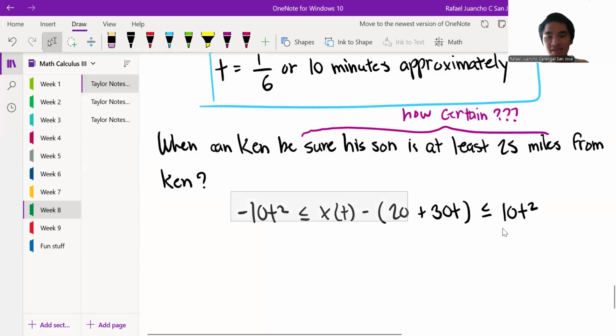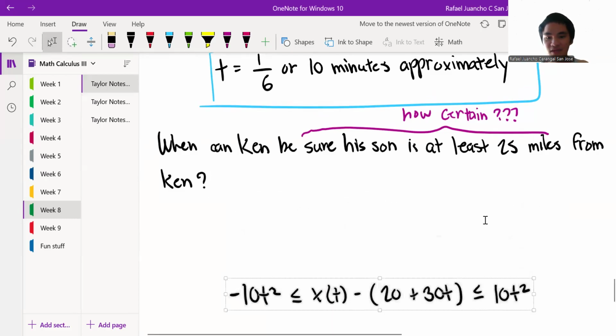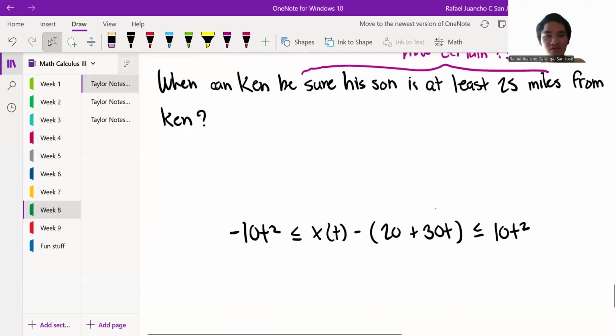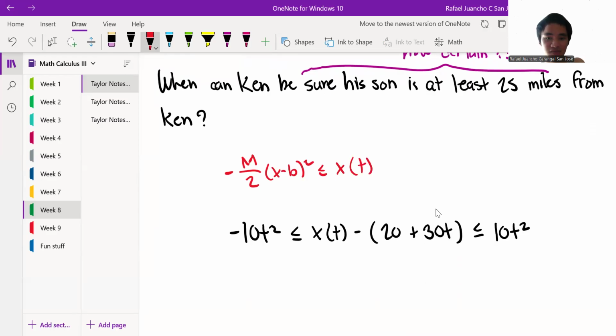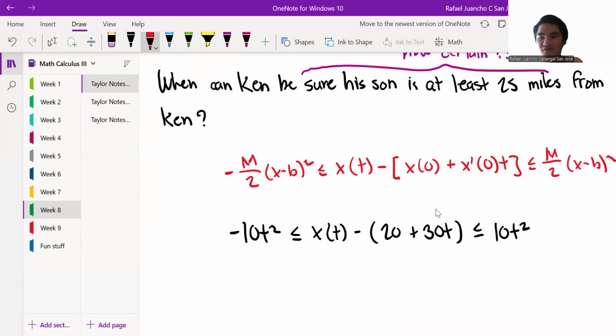If we want to rewrite this in an original form, this was negative m half x minus b squared less than or equal to x of t minus, then this is where I plug in my x of 0 plus x prime of 0 at t, and then this is positive now. Right? So that's the formula for this, which I find to be interesting.